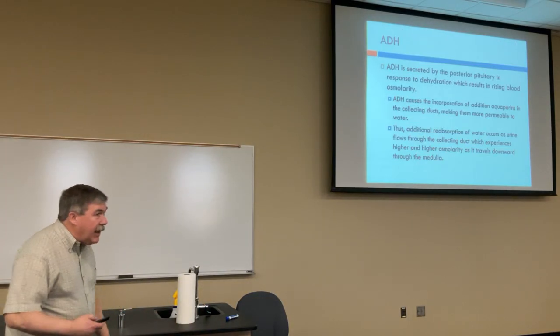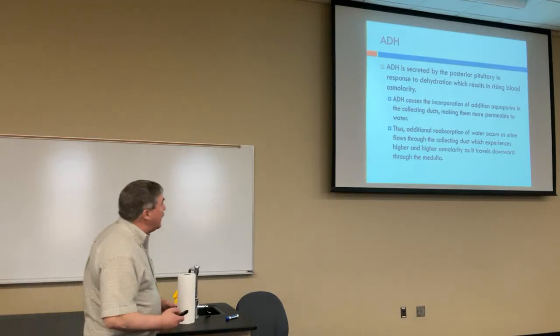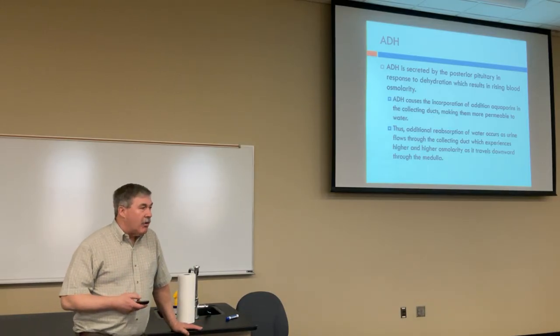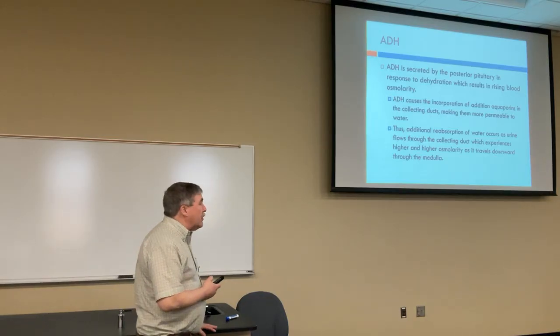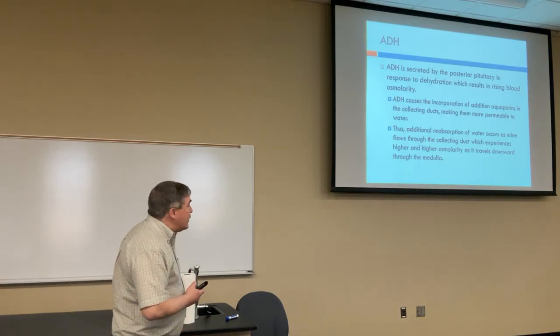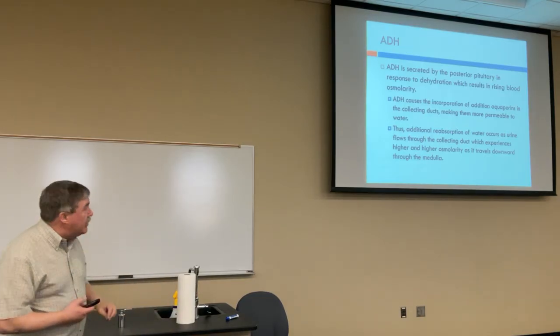All right. Then finally, the last hormone that affects water reabsorption is antidiuretic hormone, or ADH. ADH is also sometimes known as vasopressin. And ADH is actually secreted at the posterior pituitary.